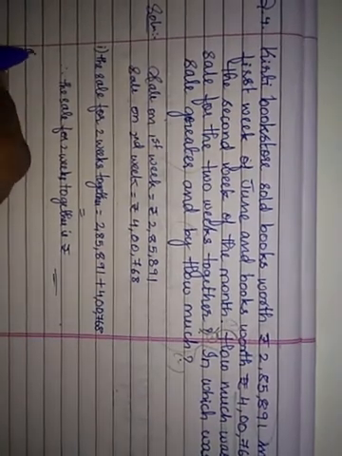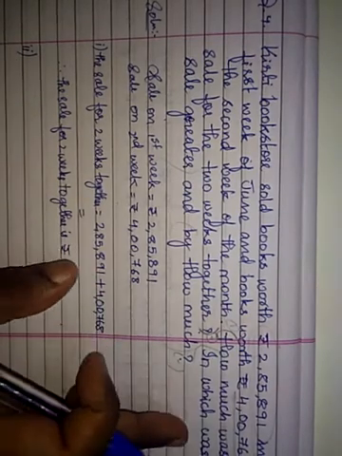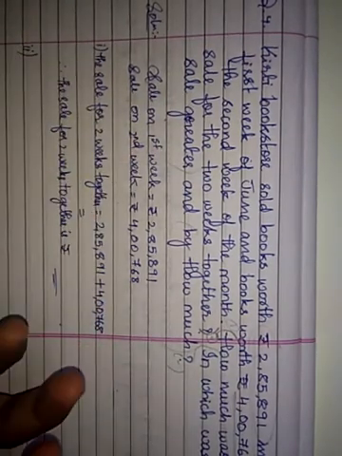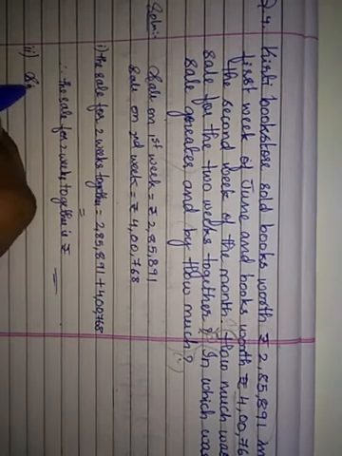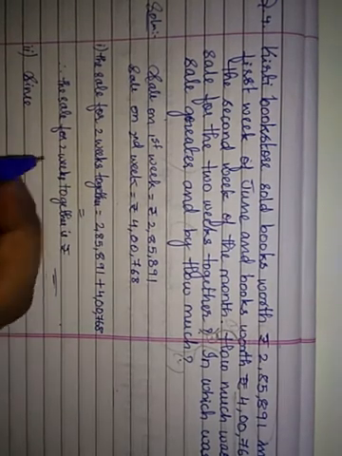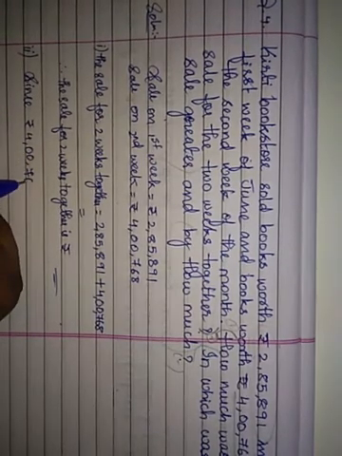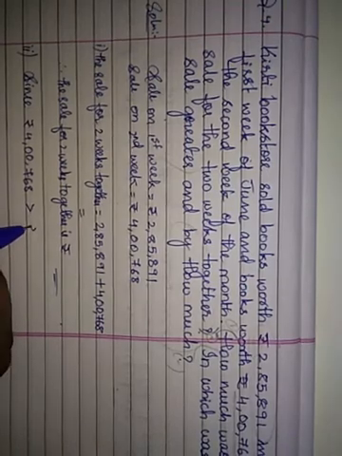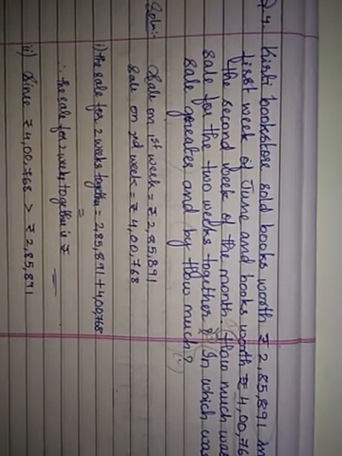Next, second part of the question. They are asking in which was the sale greater, means in which week. Okay, see, since rupees 4,768,000 is greater than rupees 2,85,891, right?